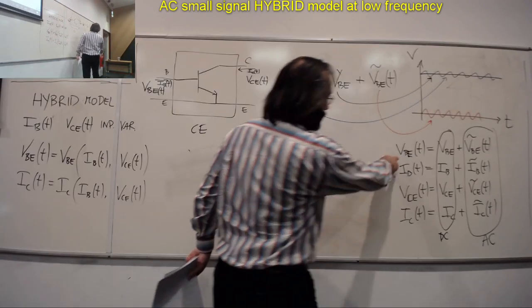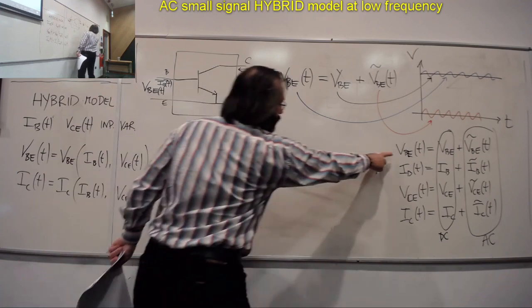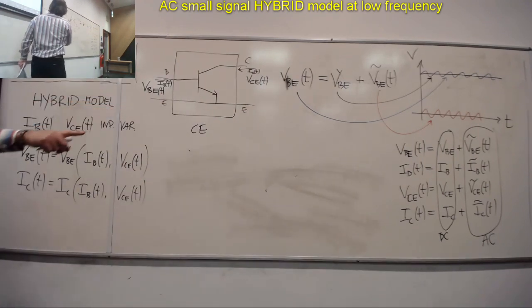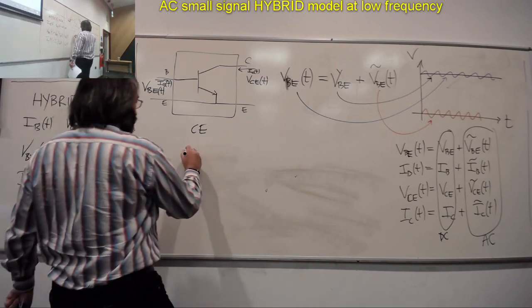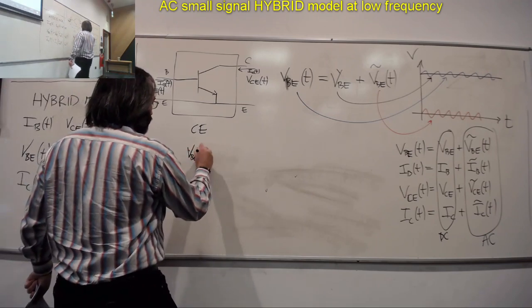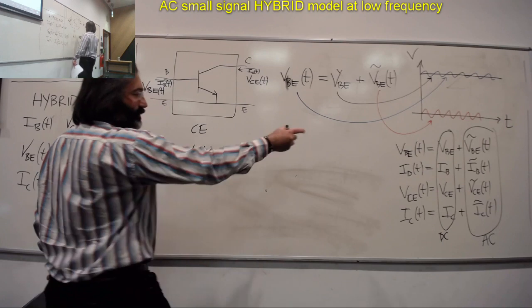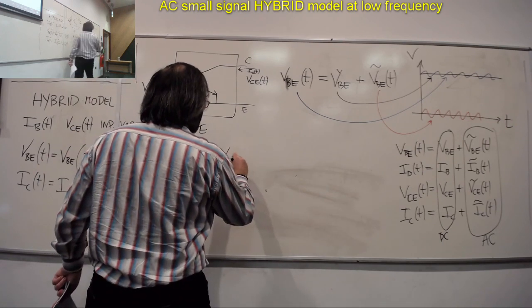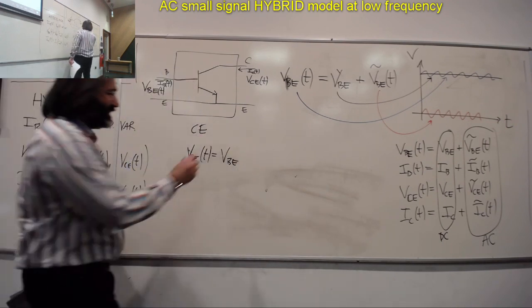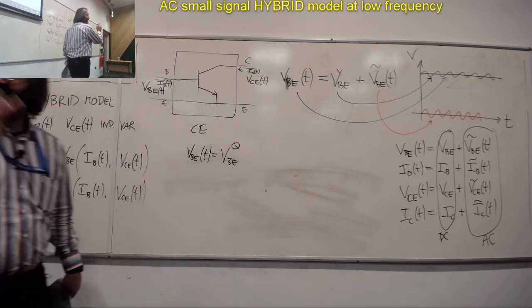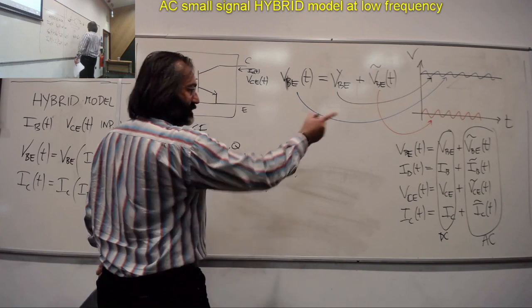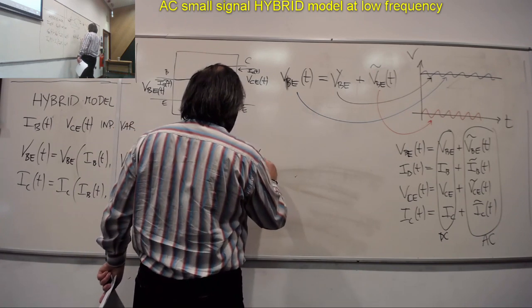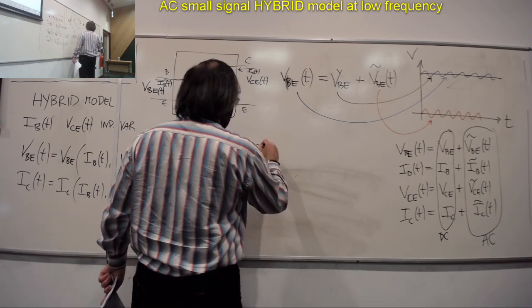I will start from this. You see, VBT is that, but is also this. So what I will start writing is VBT, which is equal to VB. Let me make it explicit: this is the quiescent point, the DC part defined by the quiescent point, plus the small AC signal.